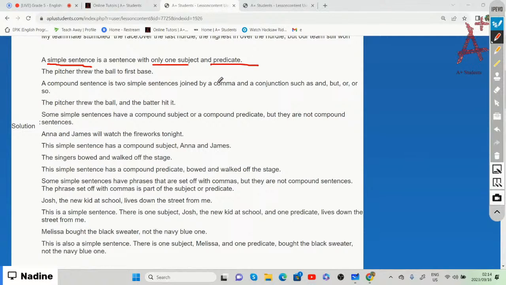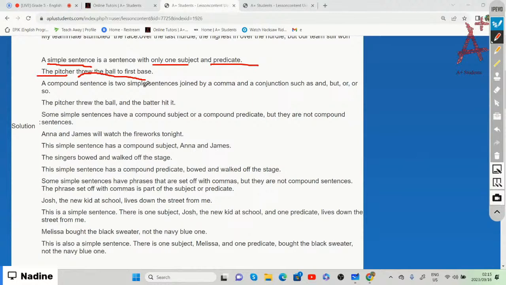Only one person that you're talking about and the action. So: The pitcher threw the ball to first base, which means that we need to select our subject. If we select the subject, it's the pitcher. And the predicate is threw, or rather threw the ball to first base. But threw, which is to throw.